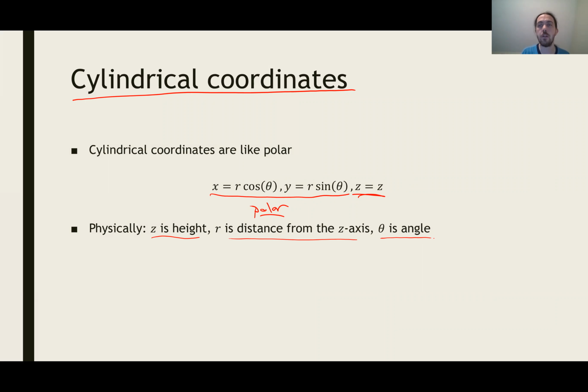So let's draw out a little bit about what cylindrical coordinates look like. So here's our coordinate axis, x, y, and z, like so. And we can draw what happens, what are the different things we get when we write down what's the z coordinate, or what's the r coordinate, or what's the theta coordinate.